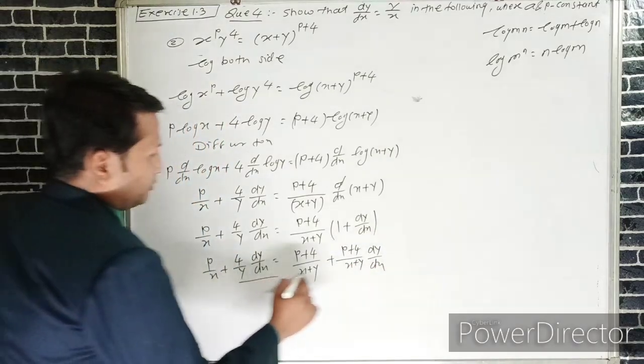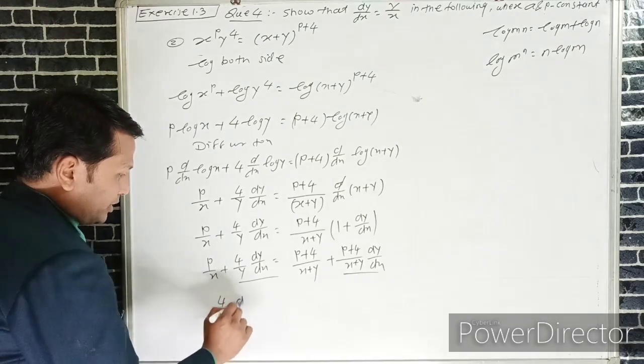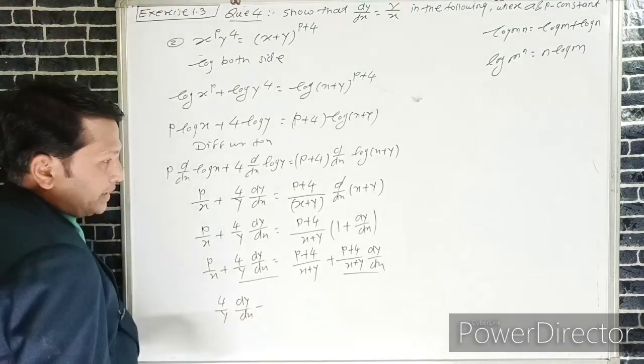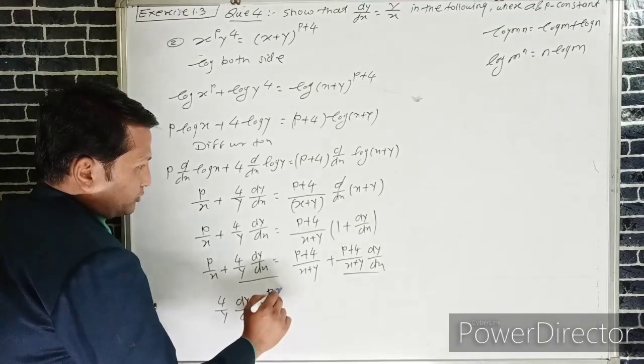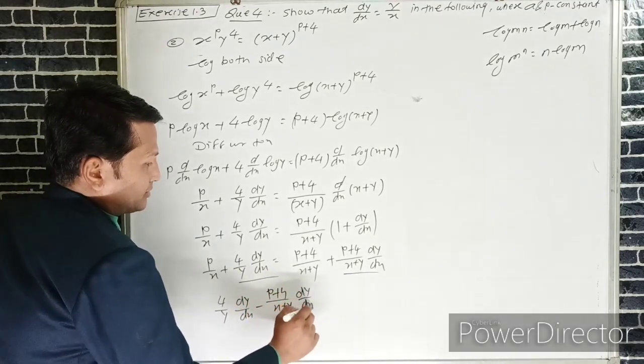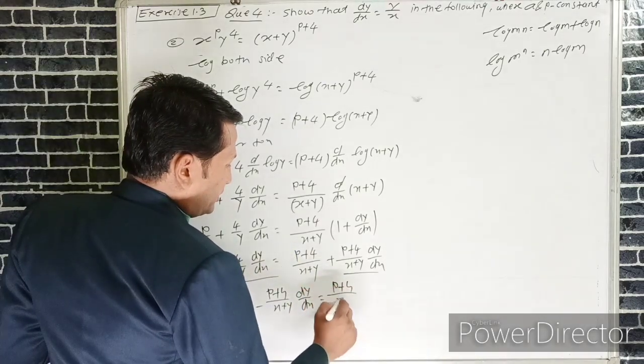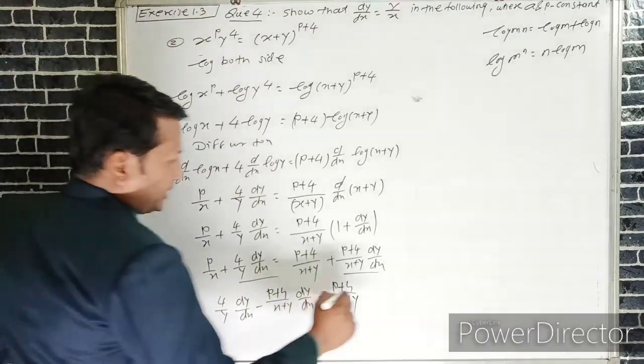This whole term we can take to the left side, meaning 4 by y into dy by dx minus p plus 4 upon x plus y into dy by dx is equal to p plus 4 upon x plus y minus p upon x.